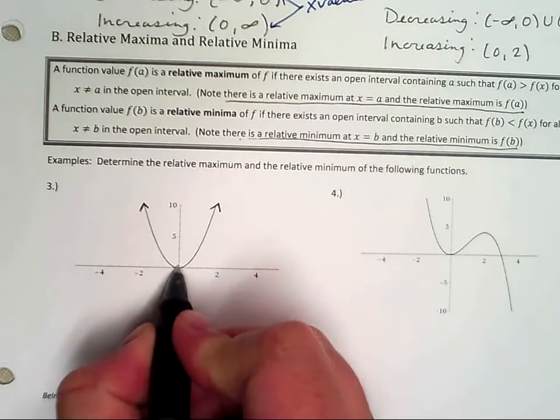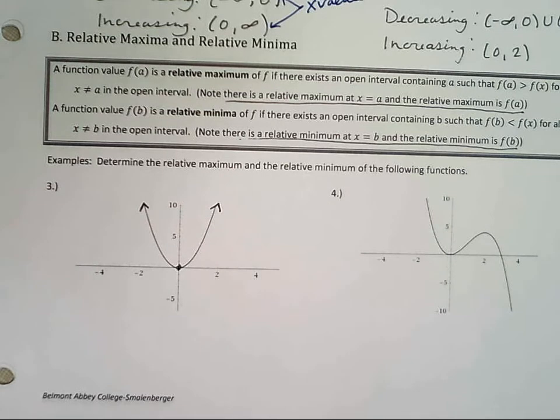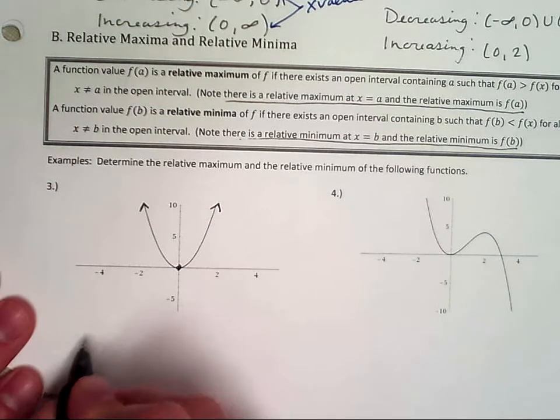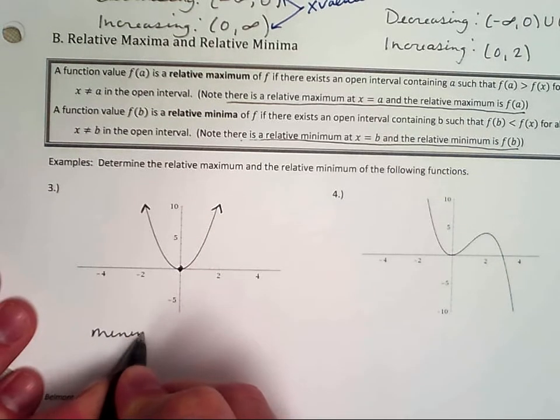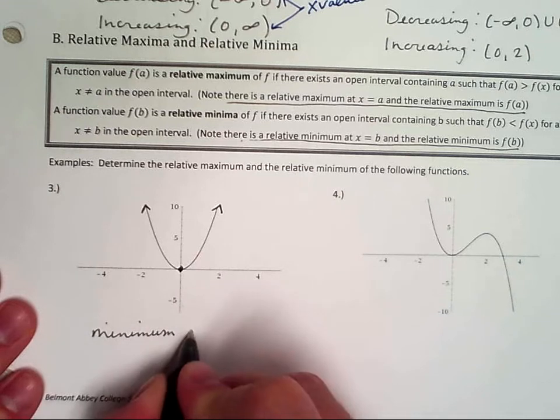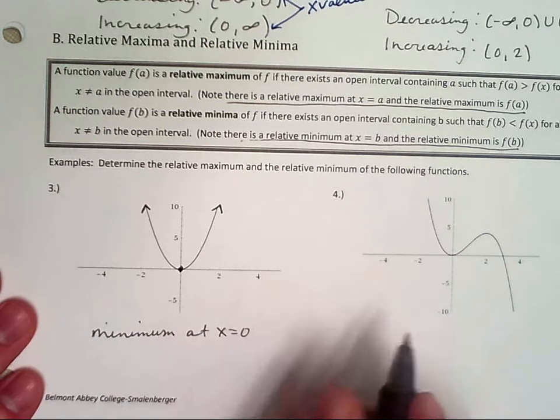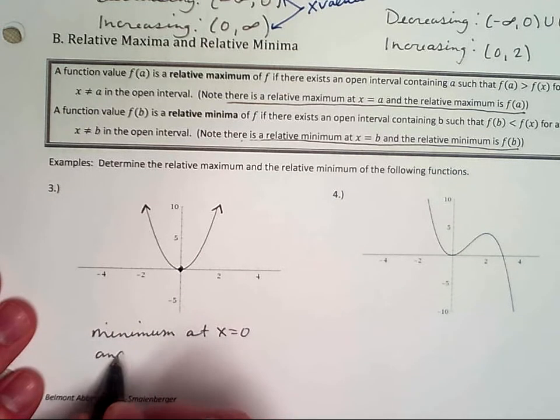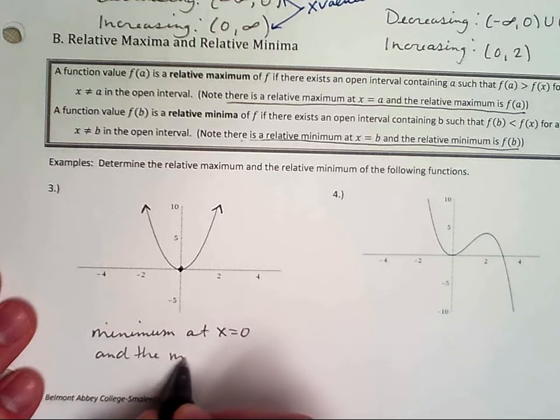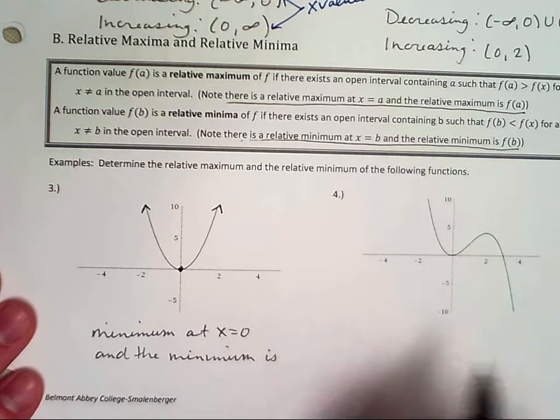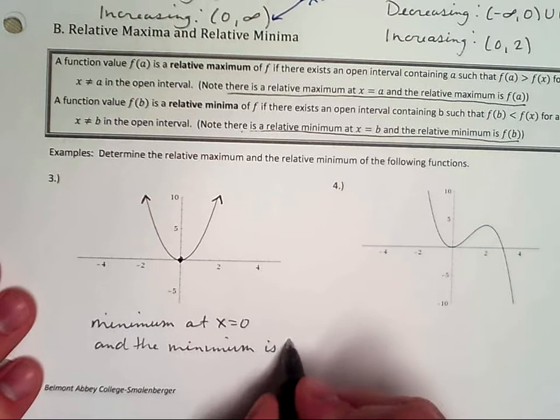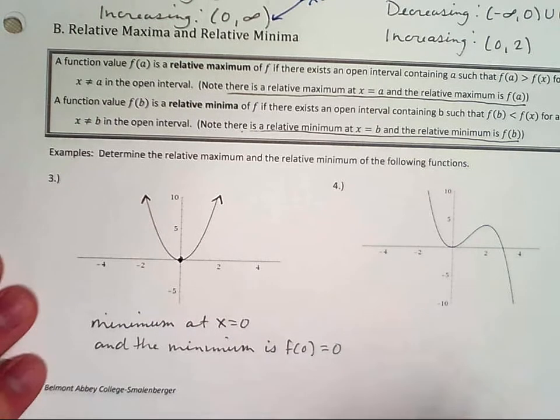I have a smallest value right here. So I have a minimum at x equals 0, and the minimum is f of 0, which equals 0. So I'm talking about my y value there.